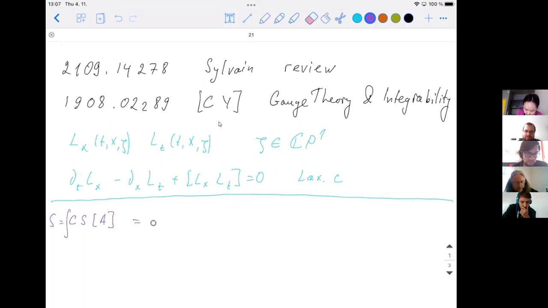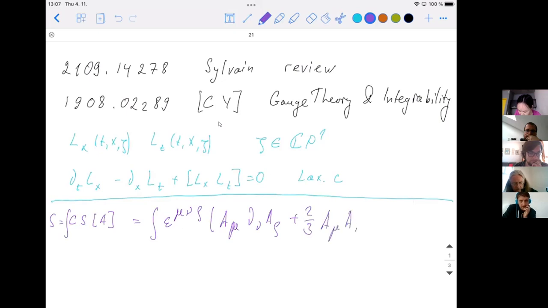Maybe just in components. This trace. So this is the three-dimensional Chern-Simons action.